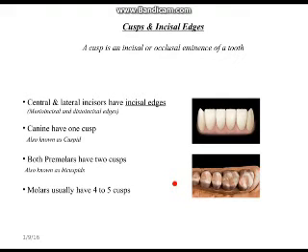Okay, remember how I was talking about the canines and the premolars, how they're also known as a cuspid and bicuspid, and I talked to you about a cusp? You guys might be wondering, what is a cusp? What is it? So I'm going to tell you. A cusp is an incisal or occlusal eminence of a tooth. So let's say here, for example, these are posterior teeth, right?